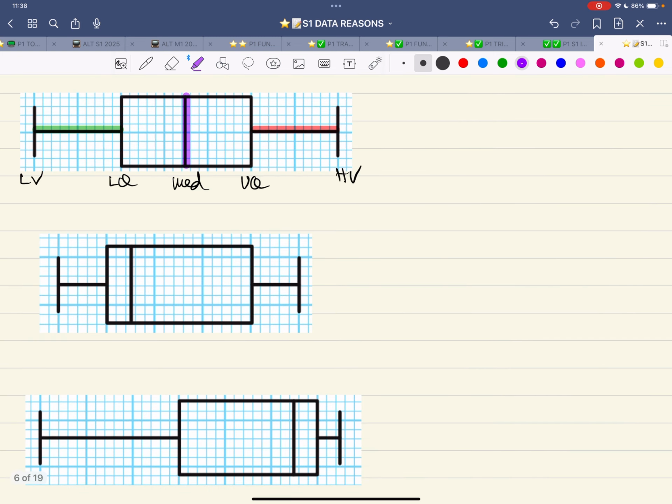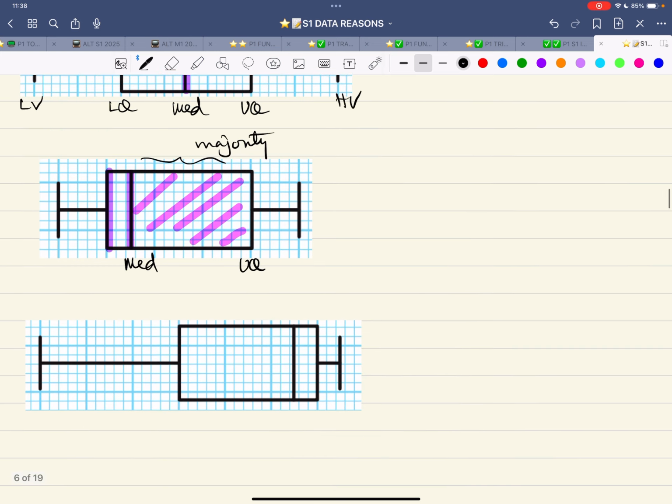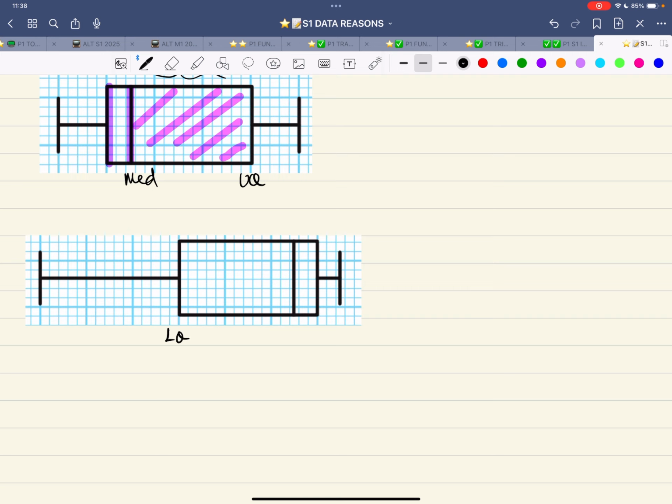What about over here? Now the median is closer to the lower quartile, and over here this region is a lot more. This region from median to upper quartile, that is the majority. And what about the other one? This is lower quartile, this is median, this is upper quartile.